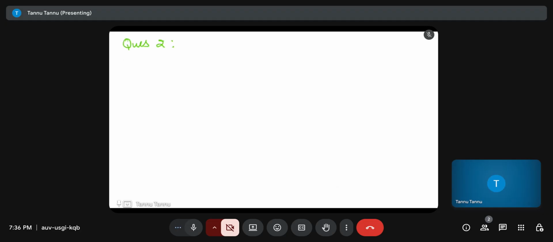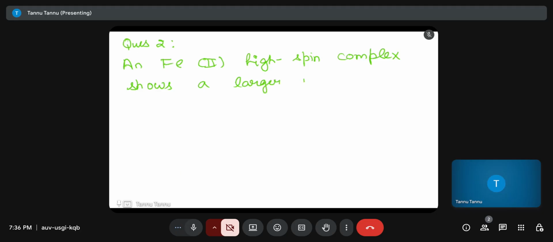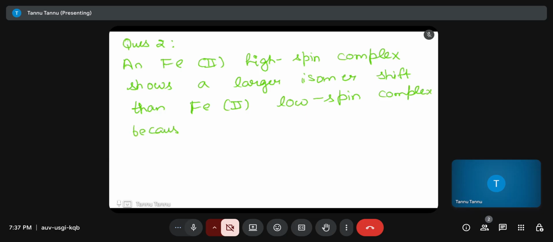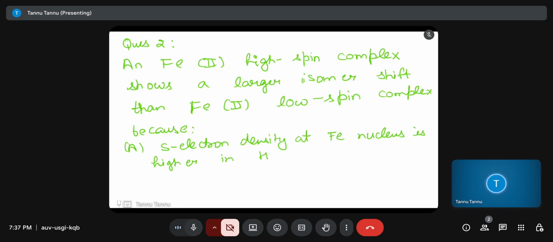Question 2. An Fe2+ high spin complex shows a larger isomer shift than Fe2+ low spin complex because option A is s electron density at Fe nucleus is higher in high spin complex.